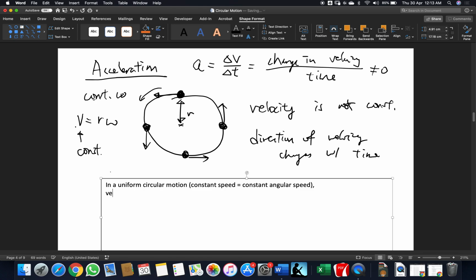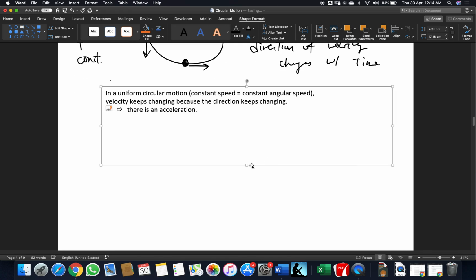But the velocity keeps changing because the direction keeps changing. Therefore, there is an acceleration, or the acceleration is not zero in a circular motion.